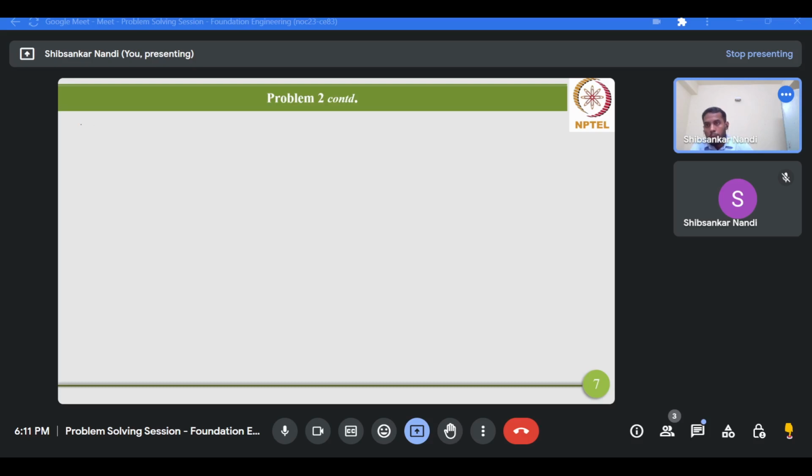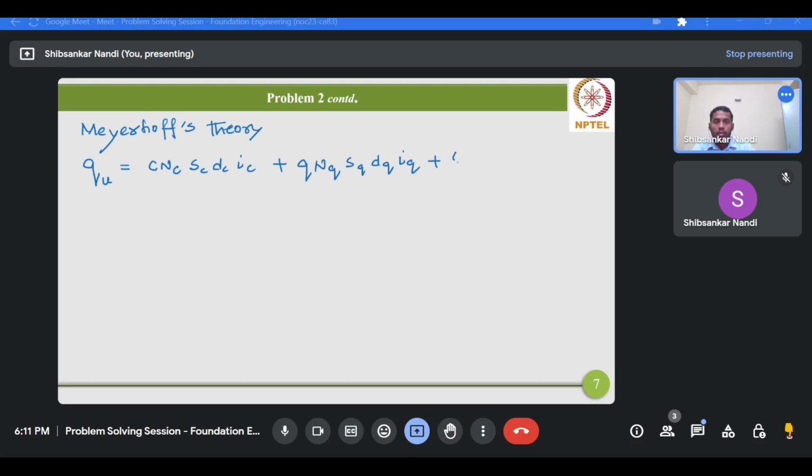As per Meyerhof's theory, the bearing capacity expression will look like this: q_u equals c Nc sc dc ic, plus q Nq sq dq iq, plus 0.5 gamma B N gamma s gamma d gamma i gamma.